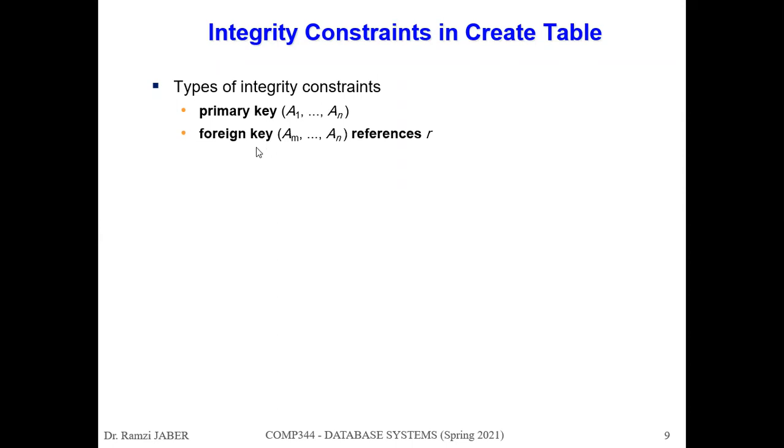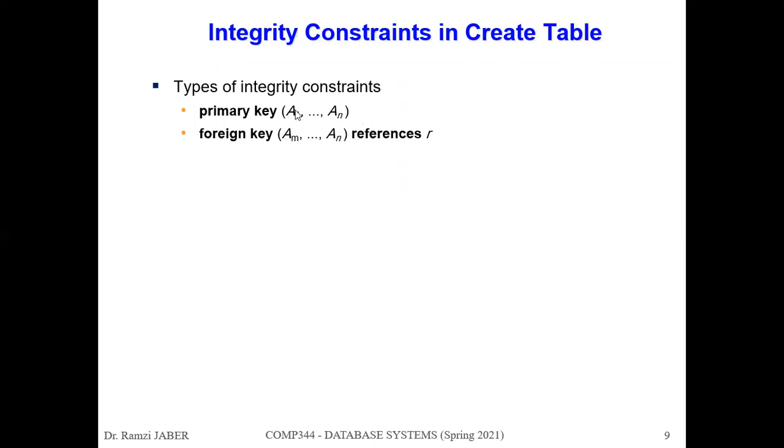Foreign keys, also we put attribute or column names, and reference another table. To which table? So a foreign key will refer to another table here. As you can see, we cannot put the same column name as primary key and foreign key at the same time. It's no way.